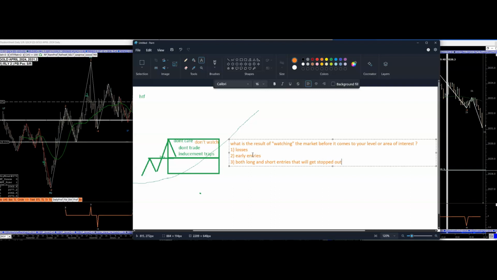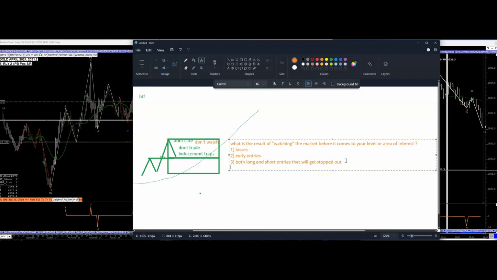This will happen. If the market is pulling back and you're looking at it before it comes to your levels of interest where smart money is going to buy, smart money is not going to buy up here. They're going to wait for it to pull back and get in. Why? Because they're not stupid. So number one, if you watch it, you will get early entries, you'll have losses, both long and short entries.